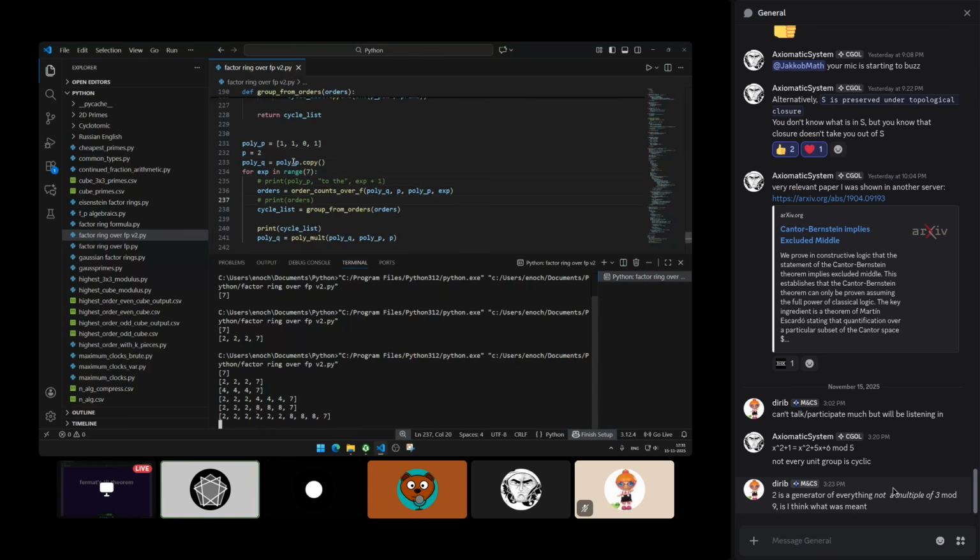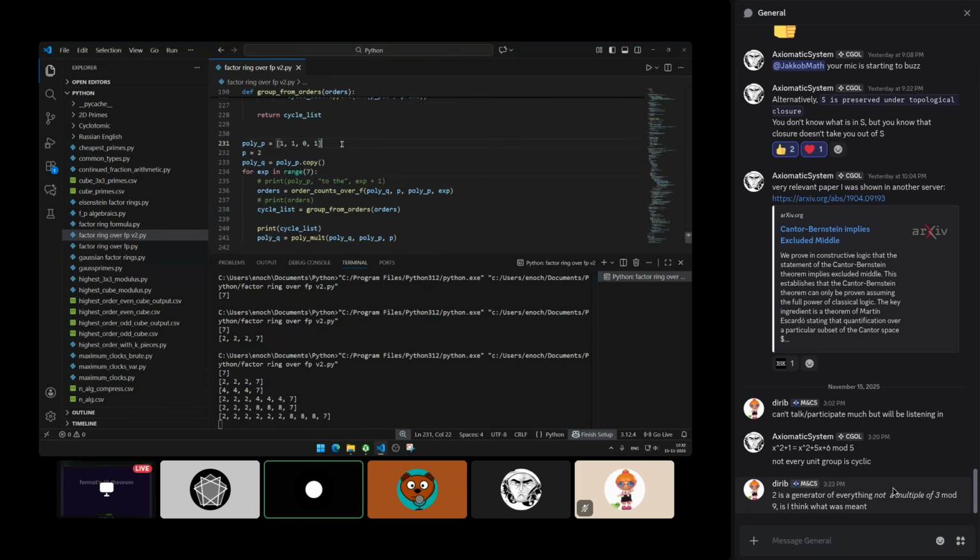Once we start to get to a higher power, this takes longer. Just to make sure I'm understanding what you're actually doing here in your IDE: you are just exponentiating that polynomial prime to a power, and we're just looking at the cycles of that group.